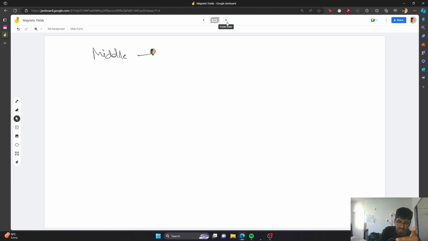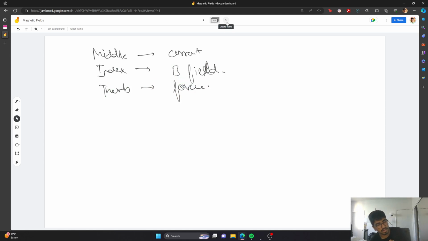Middle finger represents the current, right? Your pointy finger, your index finger represents the B field, and your thumb then represents the direction of the force. So ultimately you are trying to find the direction of the force, right?